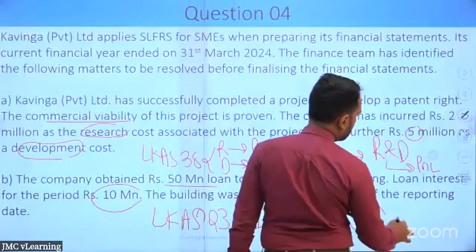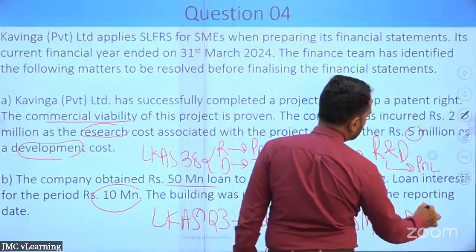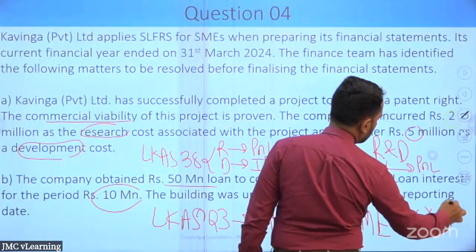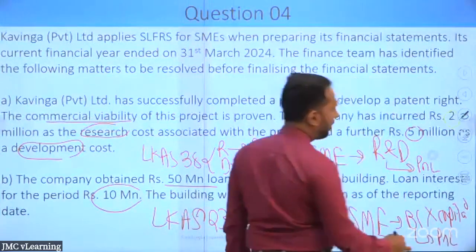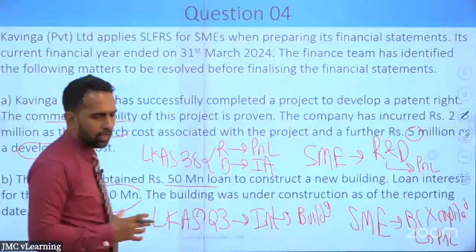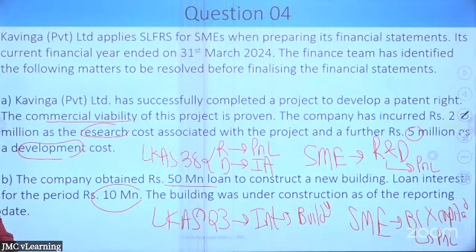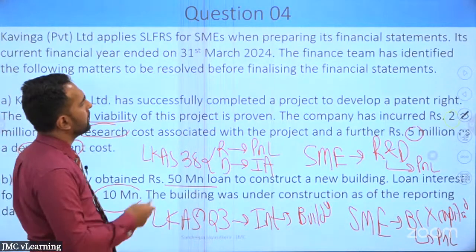What does the SME standard say? Borrowing costs cannot be capitalized. You cannot add that to the asset. It shall be charged to profit or loss. Borrowing cost shall be charged to profit or loss. Clear? Okay. Next one.